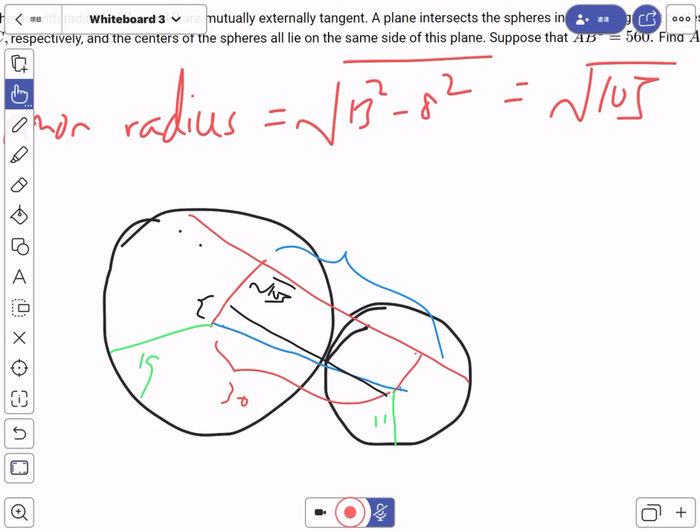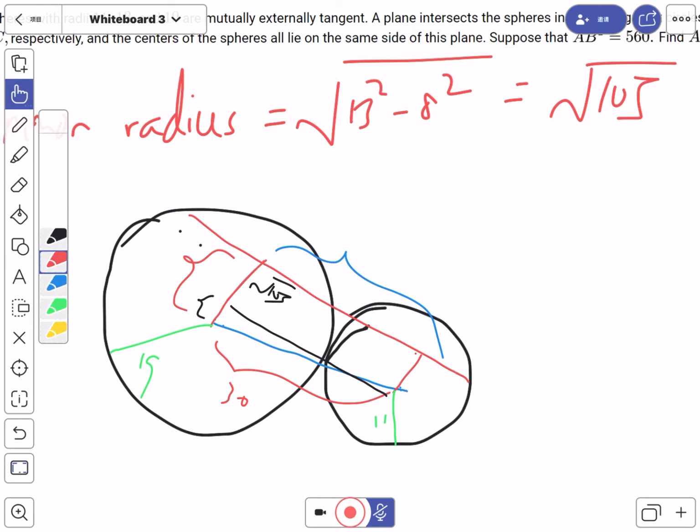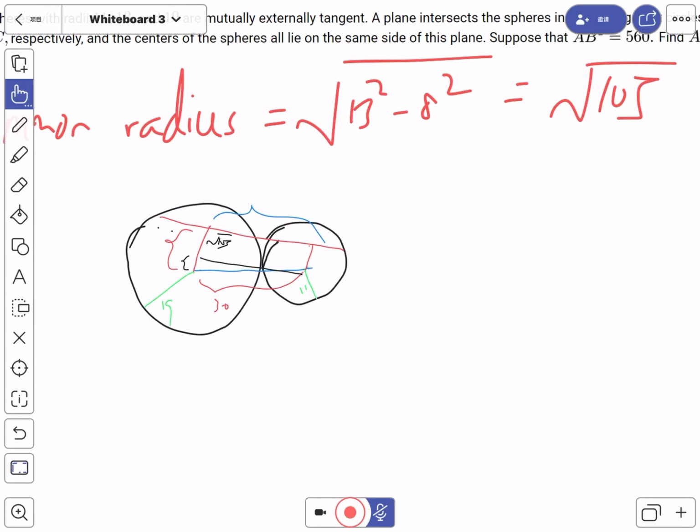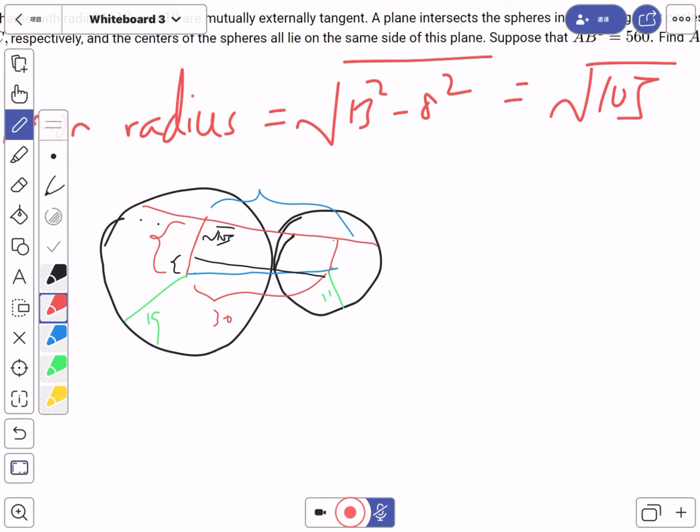First we want to find this length: the square root of 19 squared minus 105, which is the square root of 256, which is 16.